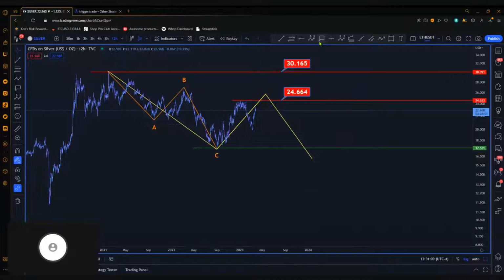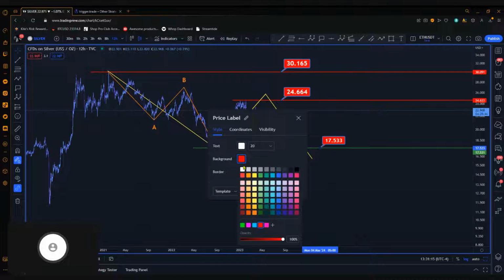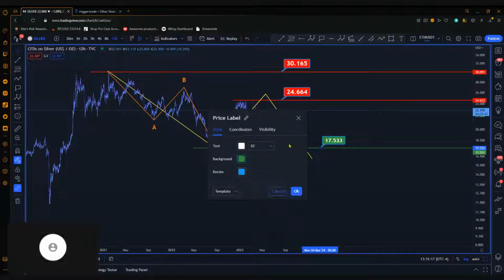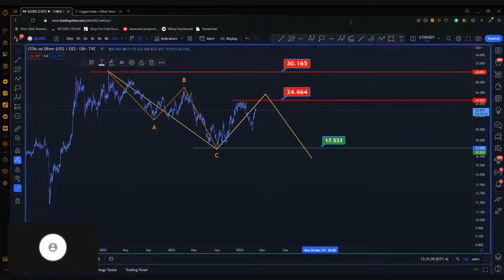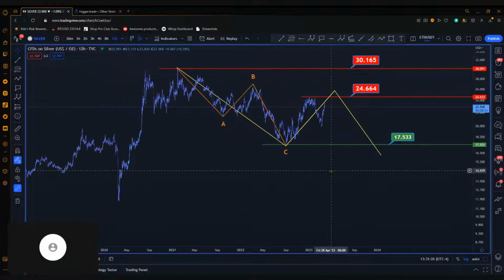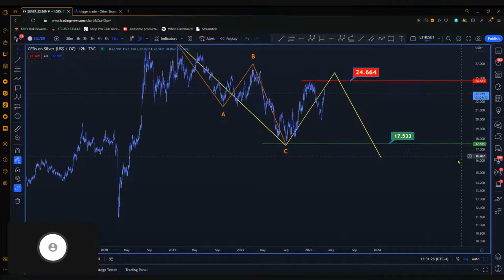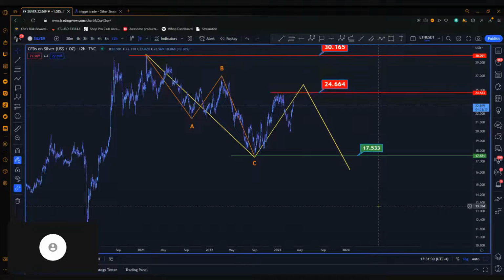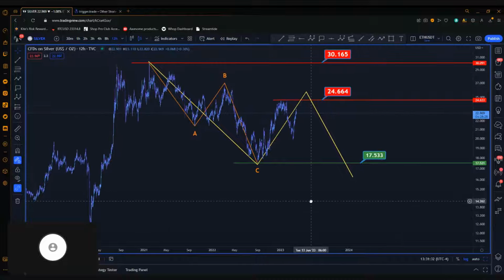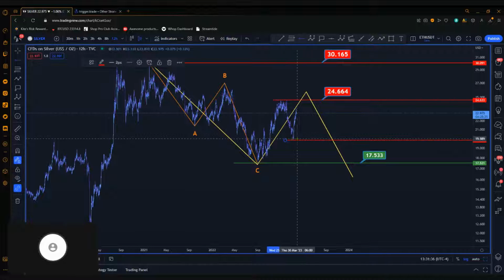If that's the case, 1753 is an important region for me to see. Sorry, this area is an important region for silver to hold. Just something I would like to see be a potential reversal off of. We can get back below and back above. The other scenario is that, hold on, yeah, we could put in another low here without putting in a higher high.